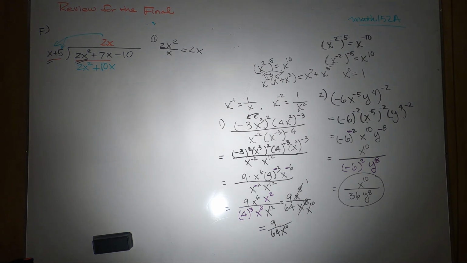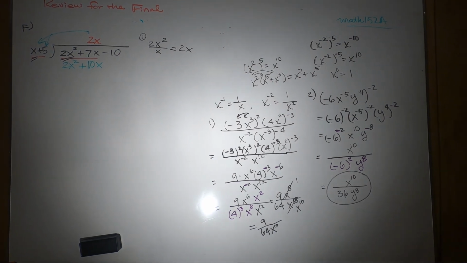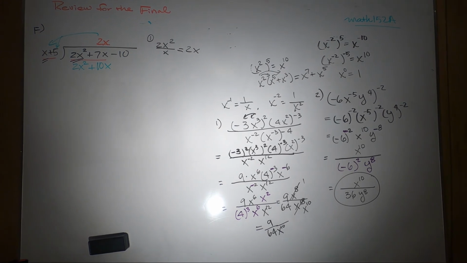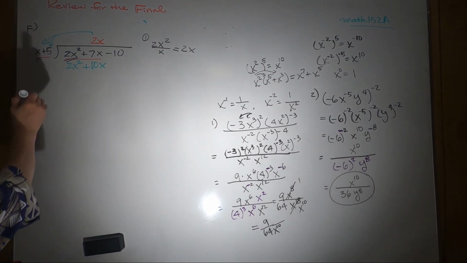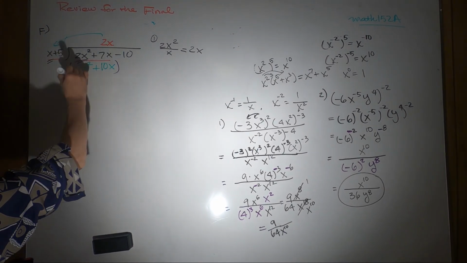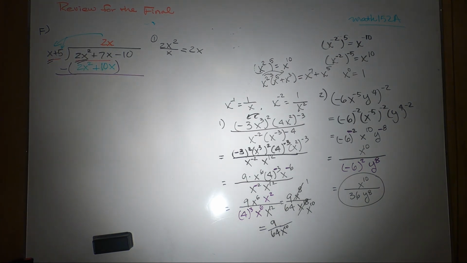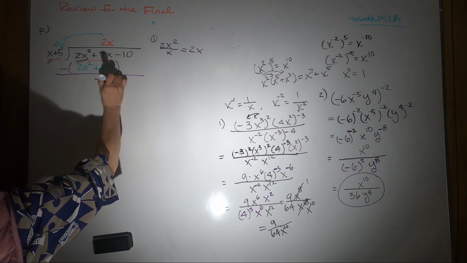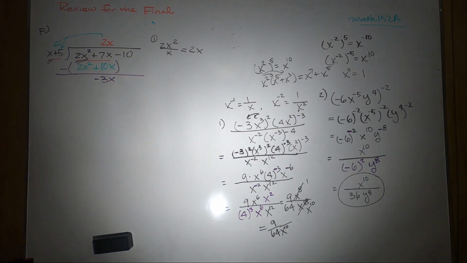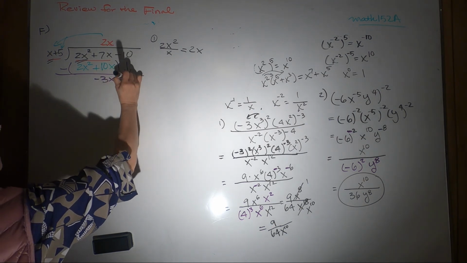Then the next step, what do we need to do? We need to subtract the whole thing, right? So 7 minus 10 would be what? Negative 3x, right? Then the next step, we drop the negative 10.